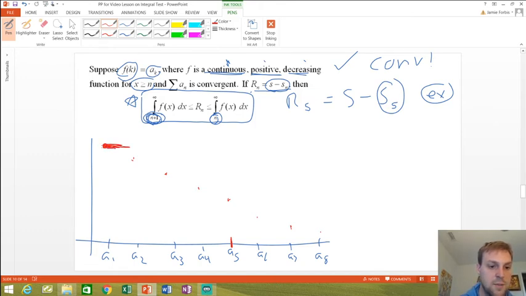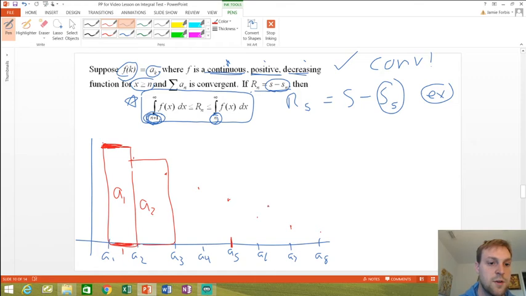And because this is length 1 between a sub 1 and a sub 2, wouldn't you agree that this rectangle is just going to represent the value of a sub 1, because whatever the height is times 1 is still a sub 1? So that's a sub 1 plus this would be a sub 2.